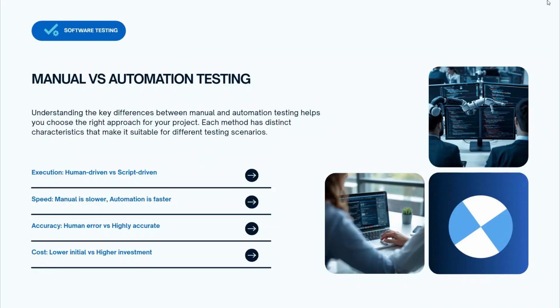And then comes accuracy. Manual is prone to human error and fatigue, right? Suppose you cannot say that whatever you have tested is 100% accurate. But automation is highly accurate and consistent.